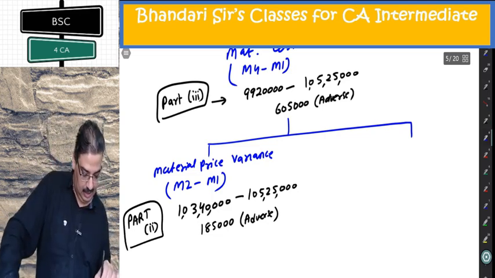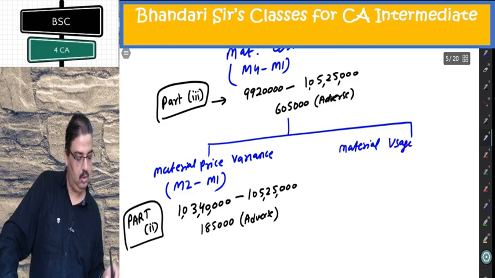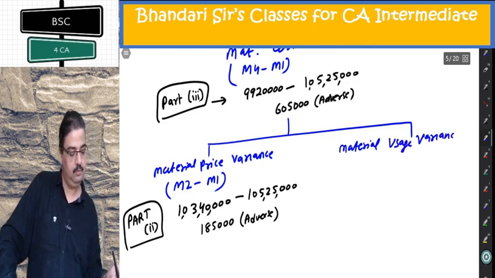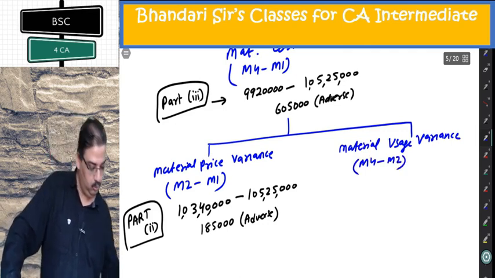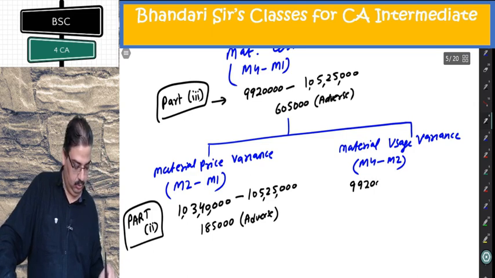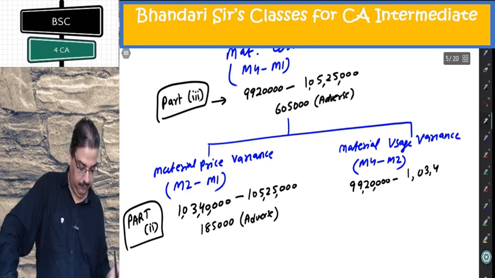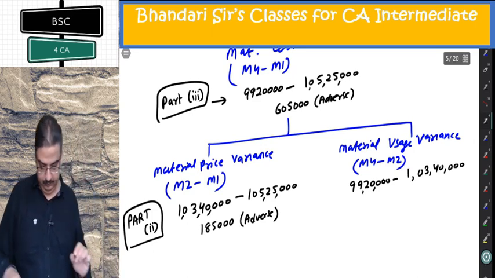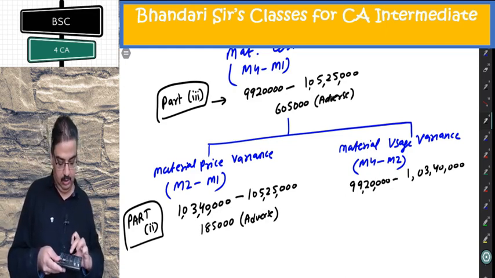On right hand side I am having material usage variance, M4 minus M2. 99 lakh 20,000 minus 1 crore 3 lakh 40,000.